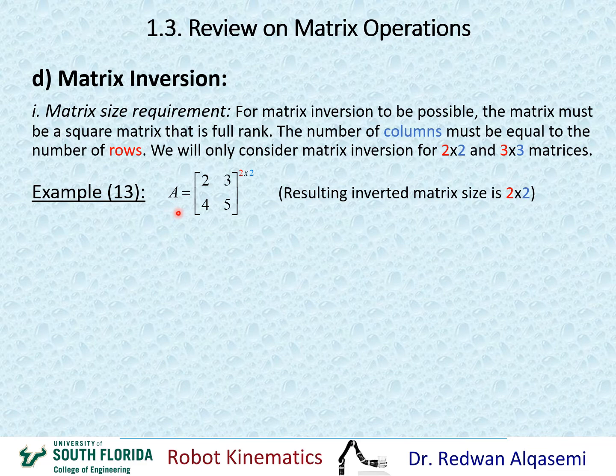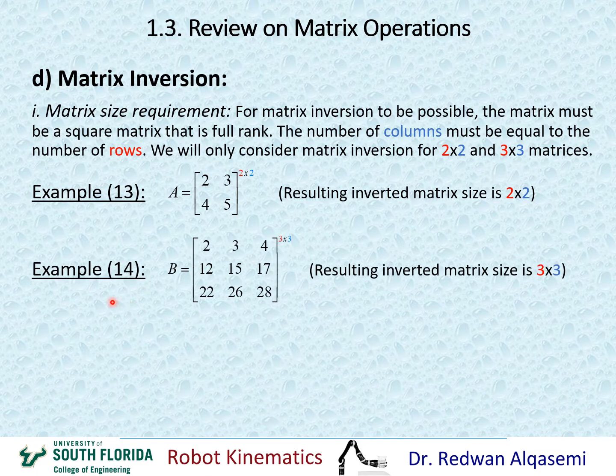So if I have matrix A, for example 13, and matrix A is a 2 by 2 matrix, square matrix, the resulting inverted matrix would be a 2 by 2 as well. Example number 14, if I have a B matrix, which is a 3 by 3 matrix, the resulting inverted matrix would be a 3 by 3 as well.